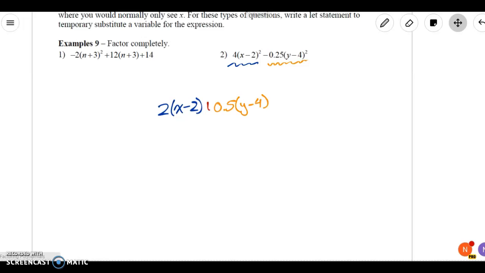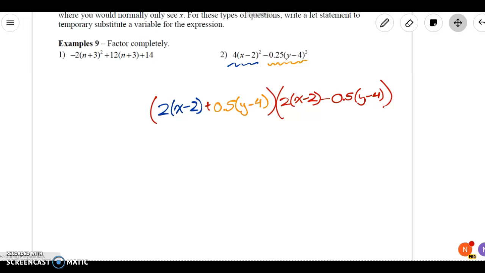And then I use that for my binomial, one time where they're being added together, and then a second time with those same 2 terms, 2 times x minus 2, and 0.5 times y minus 4, and this time they're going to be subtracted. So that's actually the base idea behind doing a difference of squares and factoring it.